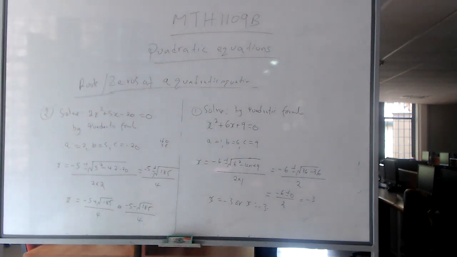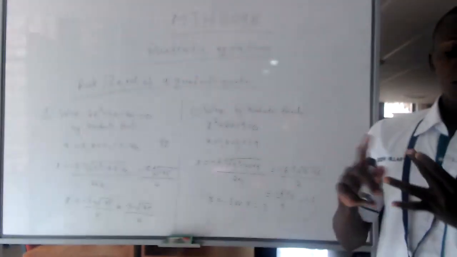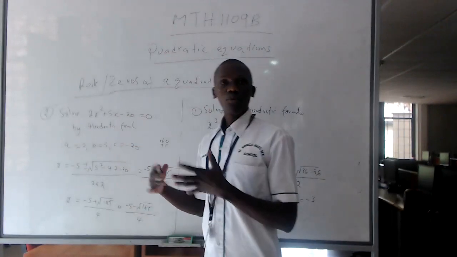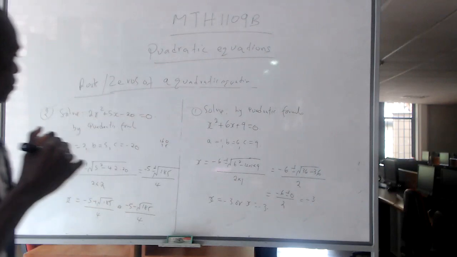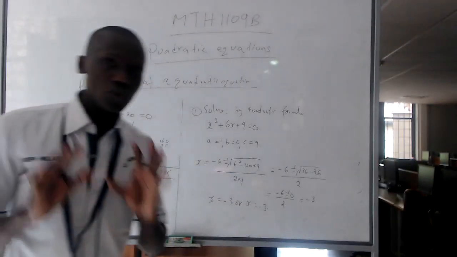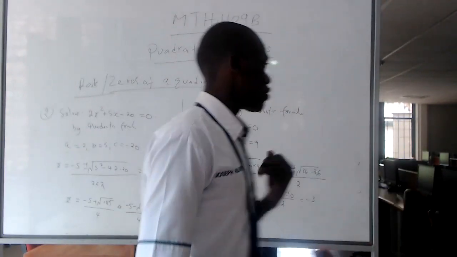Now that we know how to solve quadratic equations by factorization, completing the square, and the formula, of course, the formula comes from completing the square. From this formula, we can predict the number of solutions that a quadratic equation will have without necessarily solving.